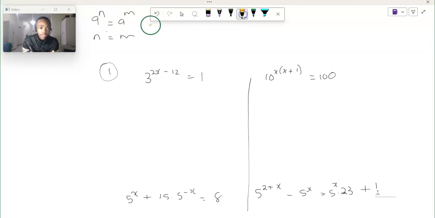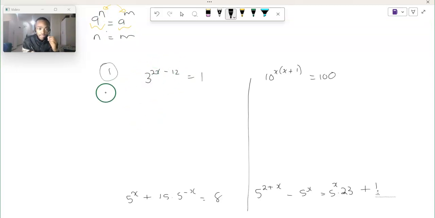If these are equal, therefore these exponents have to be equal too. That's what we are trying to do when dealing with exponents: we want to find the same base, and then we equate the exponents. You will get some quadratic equations, but we will solve those later on.